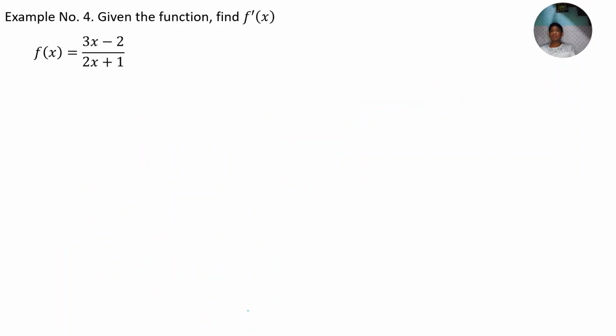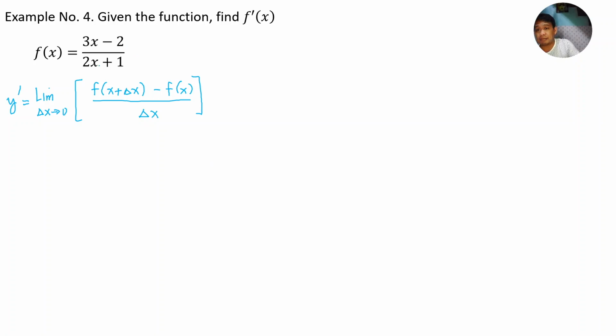So what if I have a quotient of 3x minus 2 and 2x plus 1? So again, substituting sa ating definition that limit as delta x approaches 0, f of x plus delta x, so we always go back to the definition, divided by delta x as our first derivative.